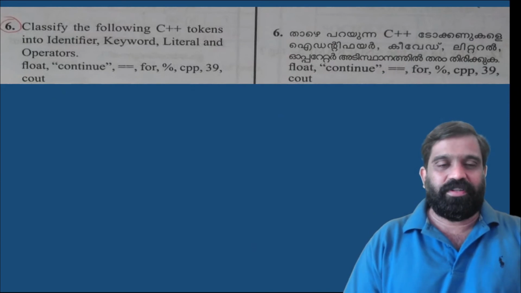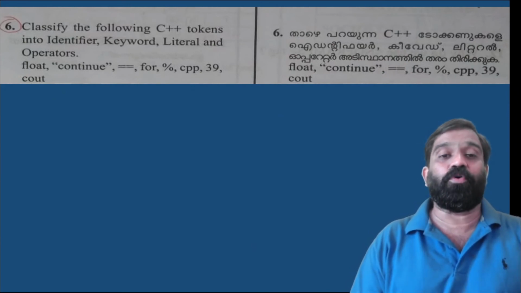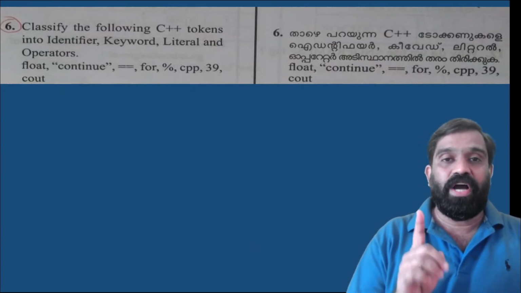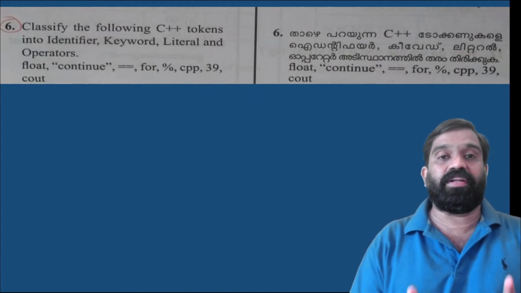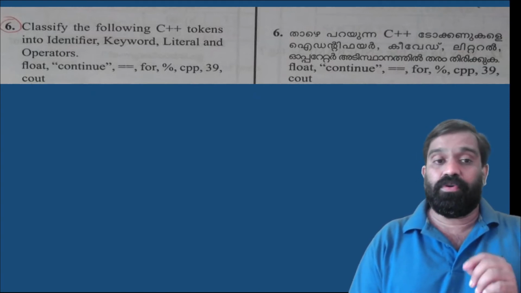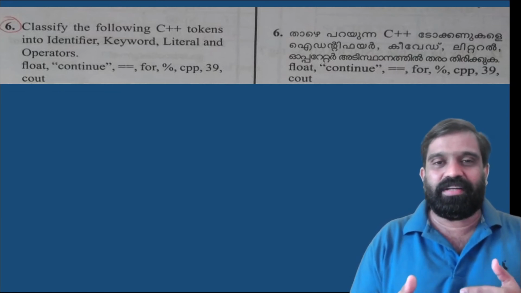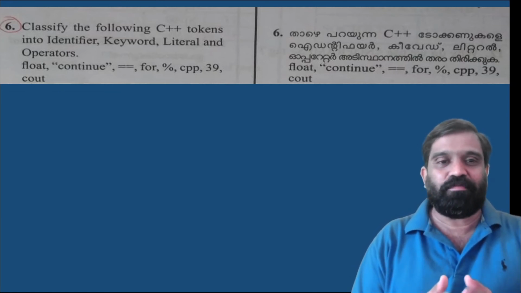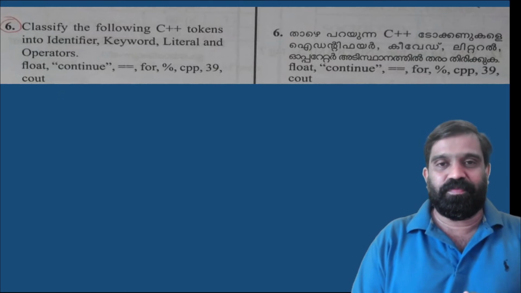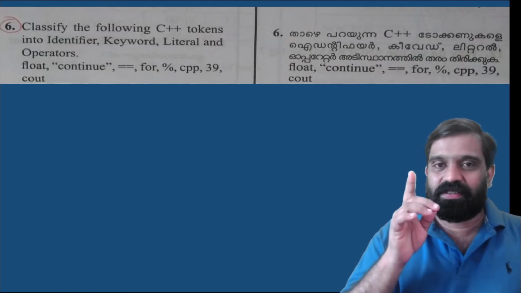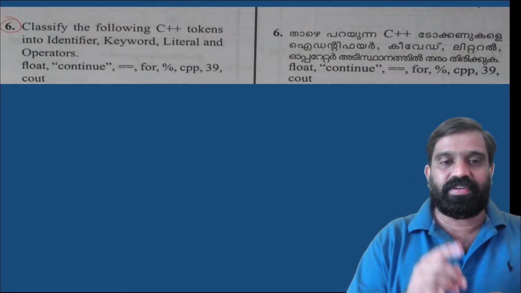Just see this question. Classify the following C++ tokens into identifier, keyword, literal and operators. Float. So float is nothing but a keyword by which we can declare a variable to store floating point numbers. "continue", kept within double quotes, that is why it is a string constant, that is why it is a literal.